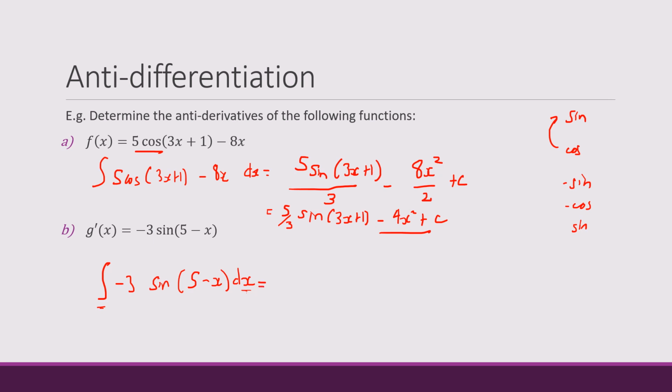We have negative sine here, negative 3 sine, so when we integrate we go up to positive cos. That will be 3 cos 5 minus x, all over the derivative of 5 minus x, which is negative 1, plus c. So my antiderivative is negative 3 cos 5 minus x plus c.